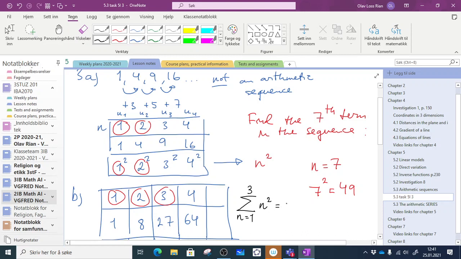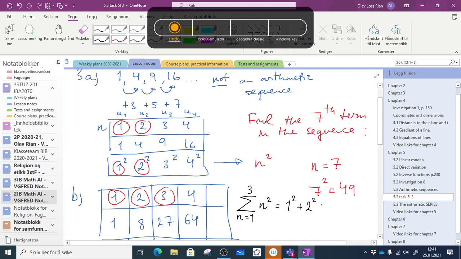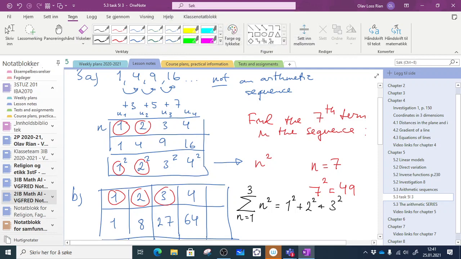So that means, okay, I sum up these numbers, 1 squared plus 2 squared plus 3 squared, which is 1 plus 4 plus 9, which is 14.